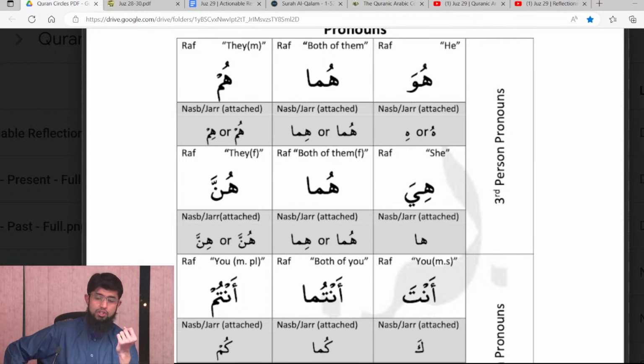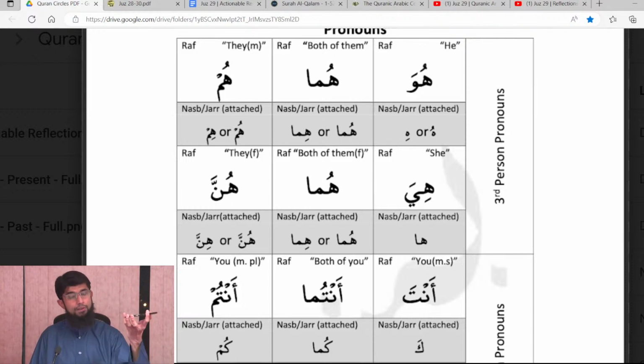When would you use his or him in English? Give me an example. This is his book, this is his phone. In this case, you will use his. When would you use him? Let's call him, or I hit him, or I gave him the book. In this scenario, you would use him.